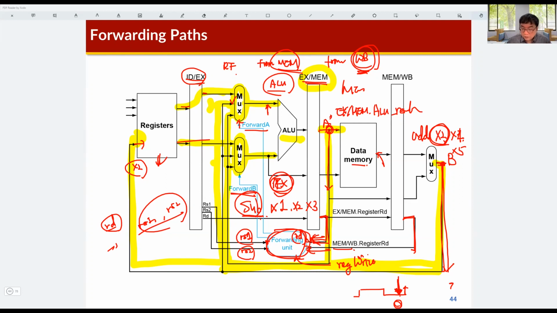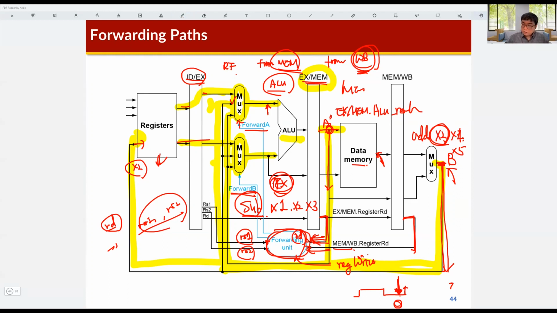So we cannot use this data if the very next instruction, this sub instruction, is located here. We need to forward data from this point for the load instruction.